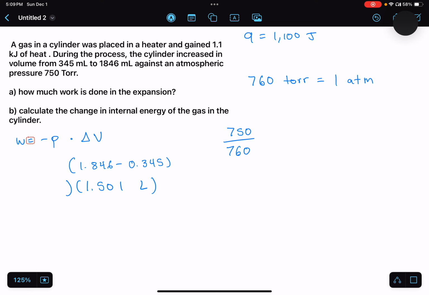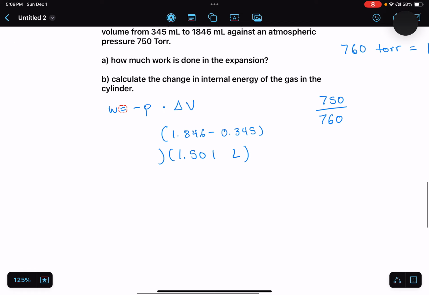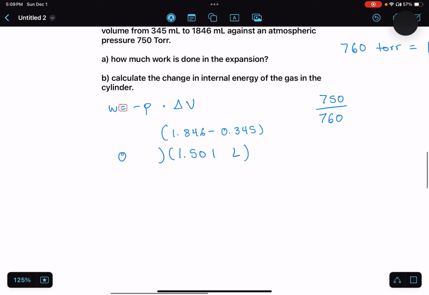This gives us 0.986842, but let's just say 0.987. Remember, pressure has to be negative, so negative 0.987.